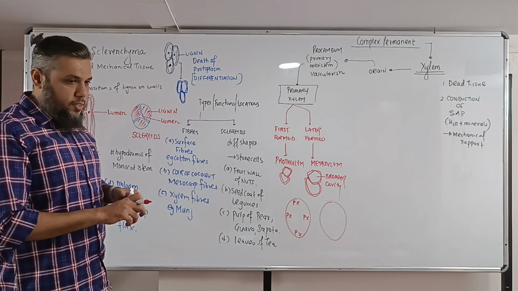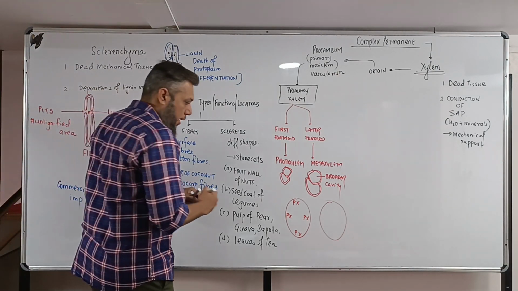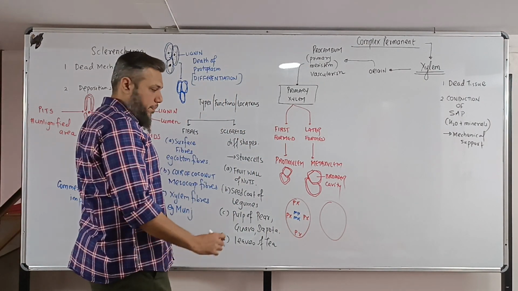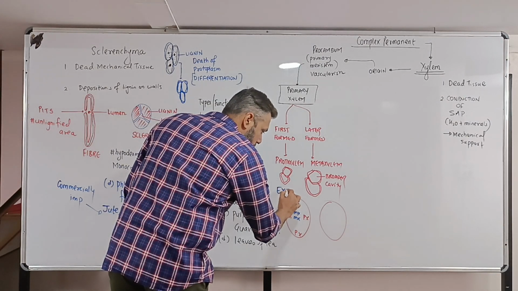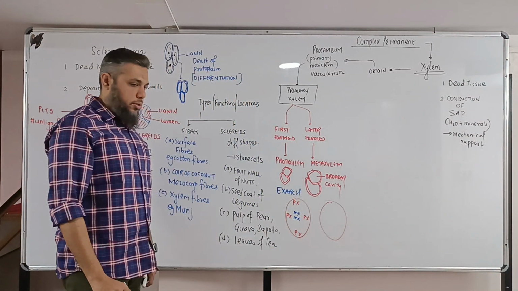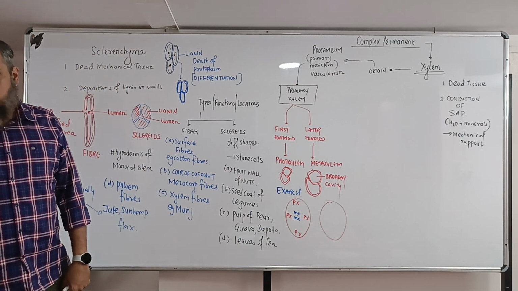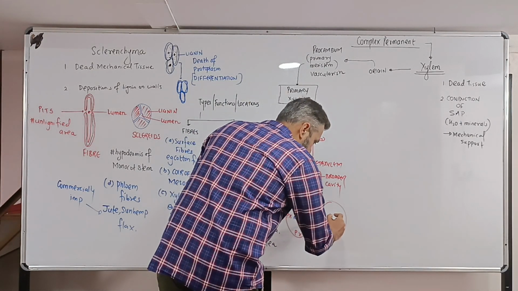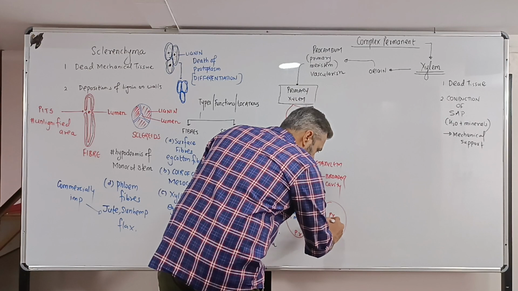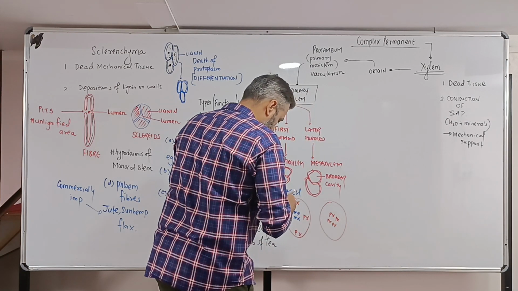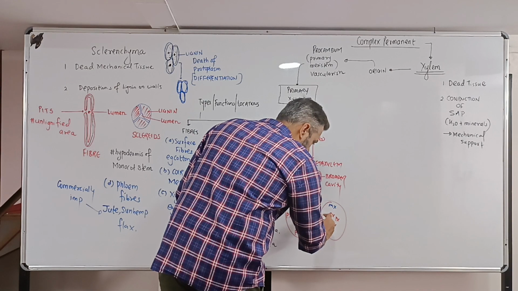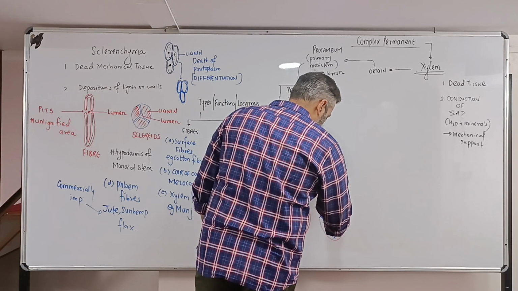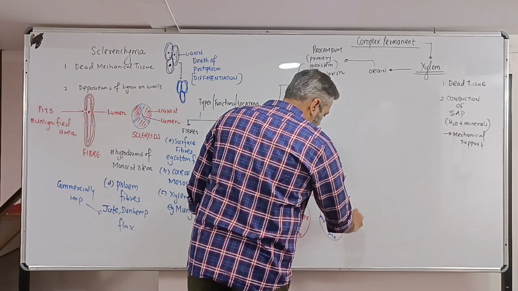If the protoxylem is towards the periphery and the metaxylem is towards the center, the condition is called exarch. What is the condition called? Exarch. And if the protoxylem is towards the center and the metaxylem is towards the periphery, the condition is called endarch.